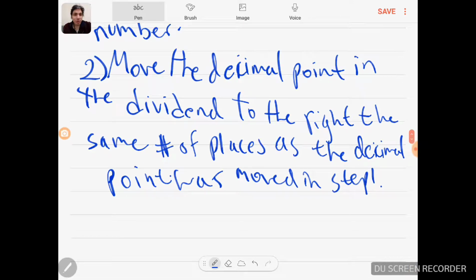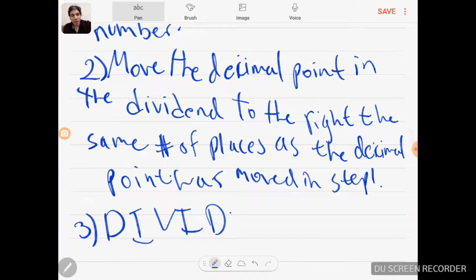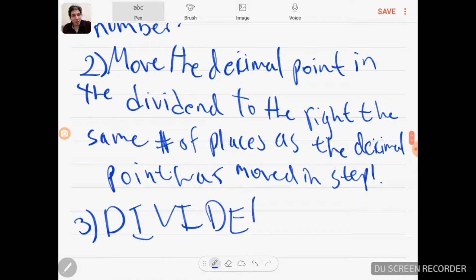So finally, the third step: divide. So how do I do this problem?